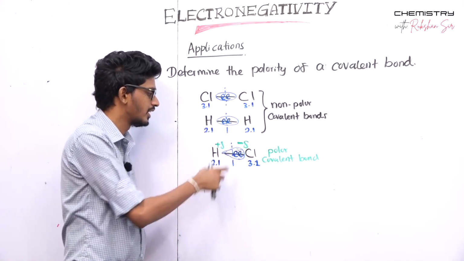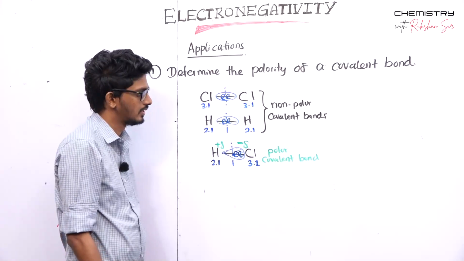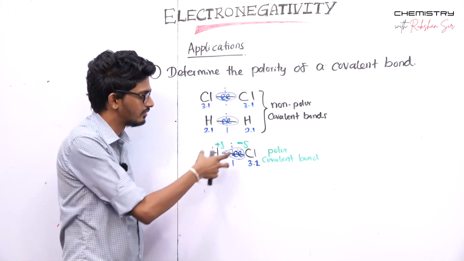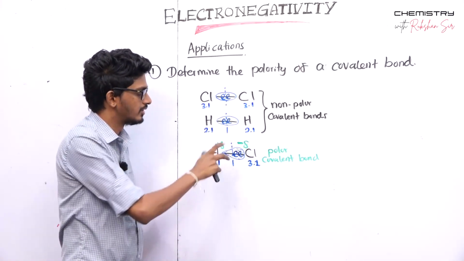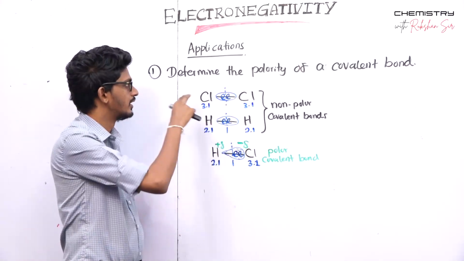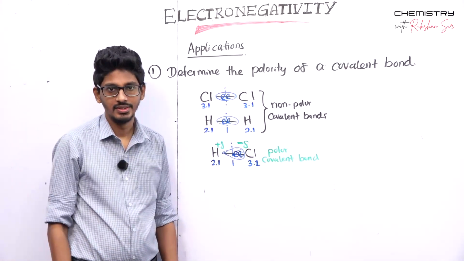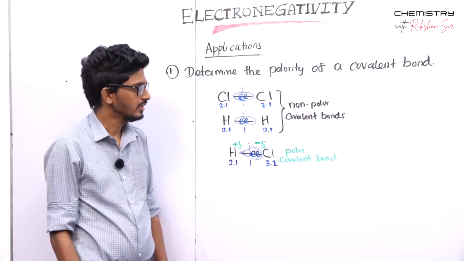So a polar covalent bond appears when you are dealing with two atoms with different electronegativities. To determine the polarity of the covalent bond, the electronegativity concept is important.